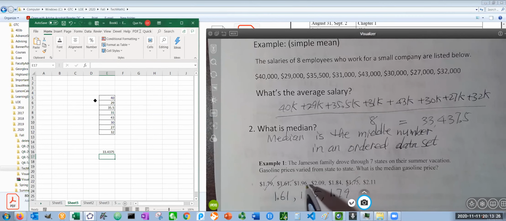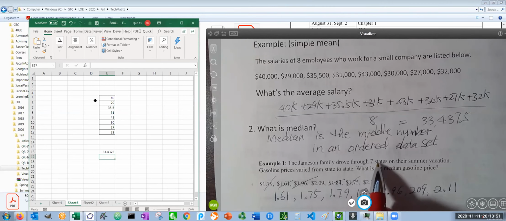Is there another 1.7? No. Then 1.84. Do we have another 1.8? No. Then 1.9, just 1.96. Then just 2 left: 2.09, 2.11. Make sure there are 7 numbers. This is like gasoline prices. 1, 2, 3, 4, 5, 6, 7. Yeah, 7.